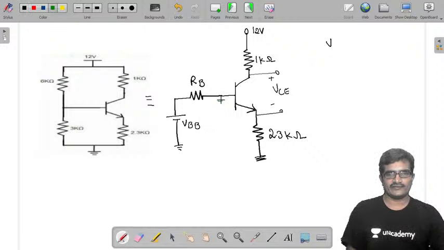This is VBE, base to emitter voltage, and this is IB. This is IC. This is IE.